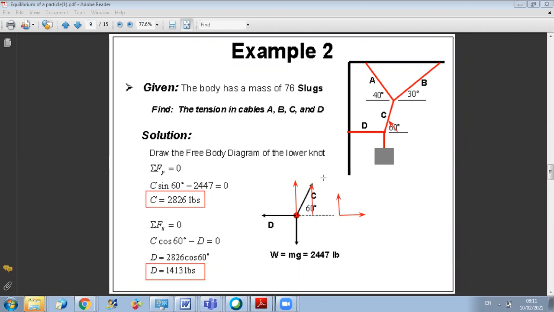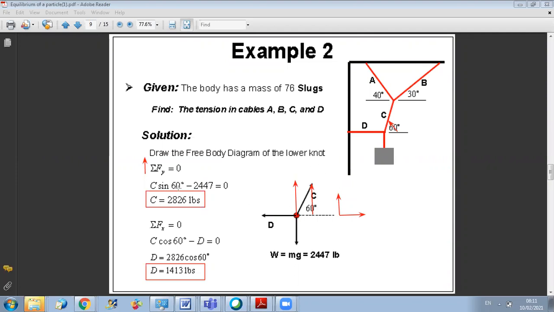So the first equation, by projection along the y-axis, I have plus C sine 60 minus the weight, since the weight is downward, equals 0. So this equilibrium relation will give me my first unknown, which is the tension in this cable. As I called it C, we called it T2, so it's fine. You can call it whatever you want.